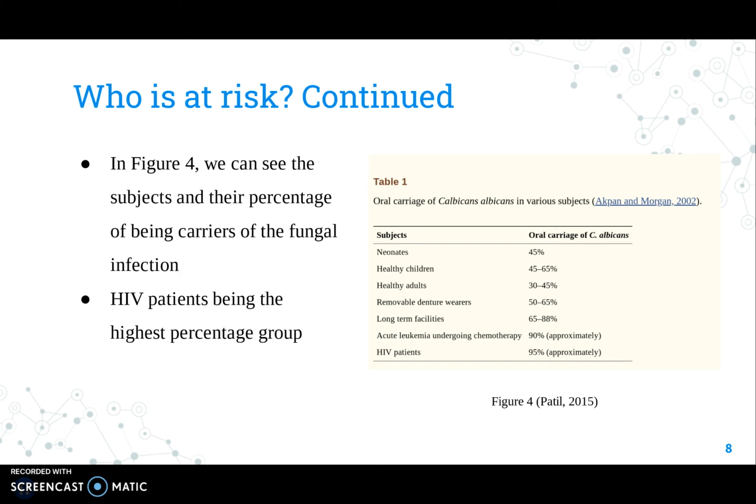Neonates are only 45%, which is really high for a neonate. Healthy children are above healthy adults, with 45 to 65%, and 30 to 45% for the adults, because we see it more commonly in children than in adults. Also, denture wearers are 50 to 65%, so it's very important to ensure that they are properly cleaning their dentures so that they don't have to deal with thrush.